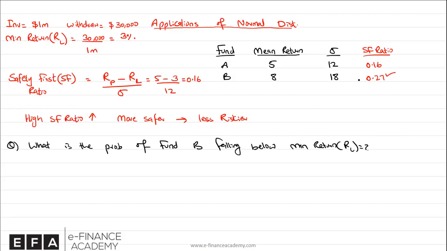We already know that fund B will have a lower probability of falling below the minimum return, while fund A will have a higher probability because of a lower safety first ratio.